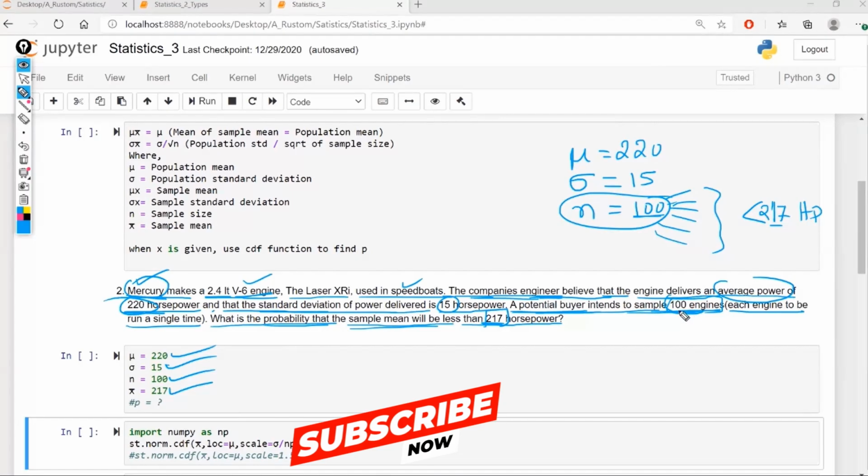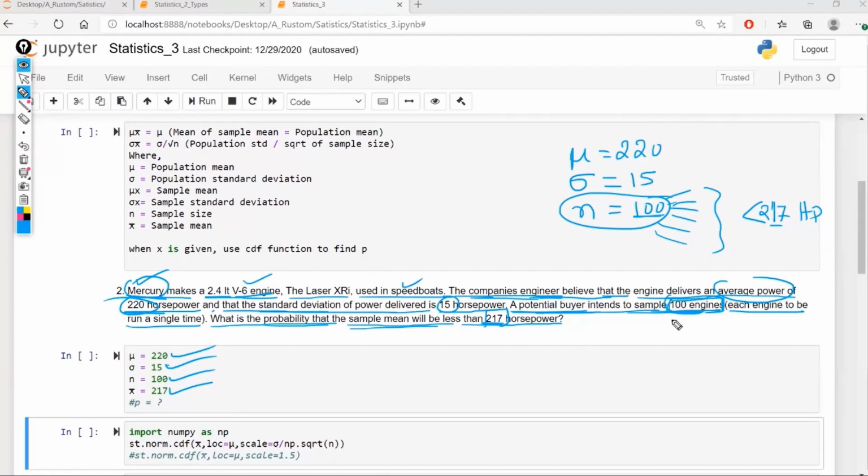And the sample size is 100 here. We learned at the beginning of this session that if the sample size is greater than 30, then the sample size is adequate and we can say the data is normally distributed.